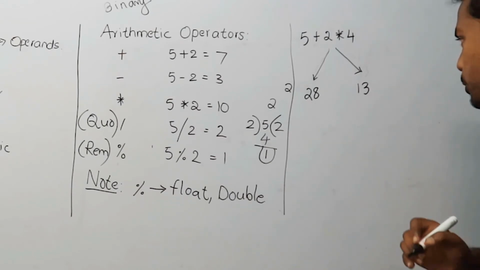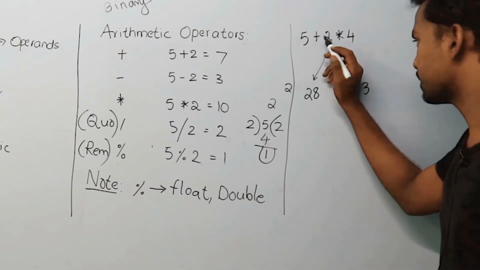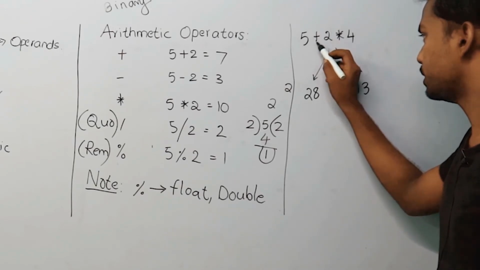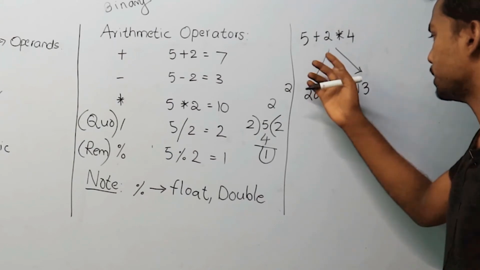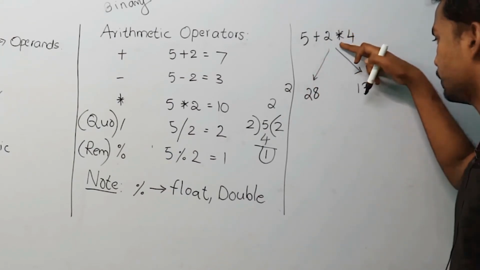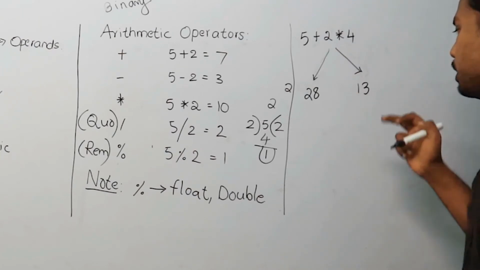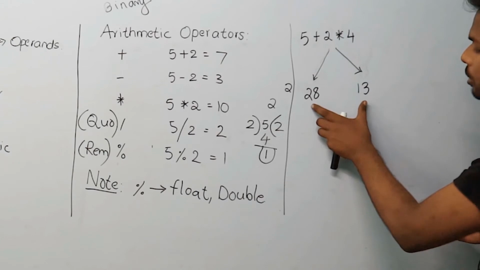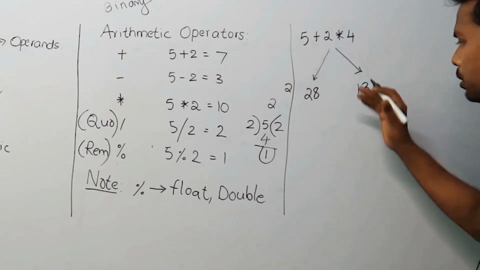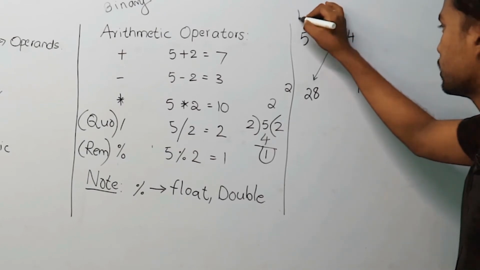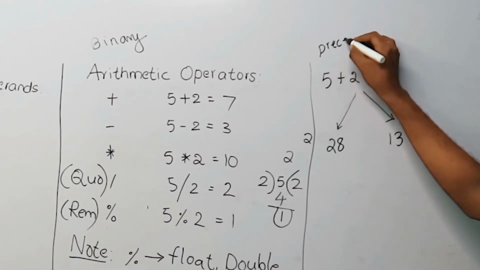So two answers are possible, depending on which one the computer executes first. For a single expression, you have got two answers. In order to avoid this ambiguity, the precedence table was introduced.